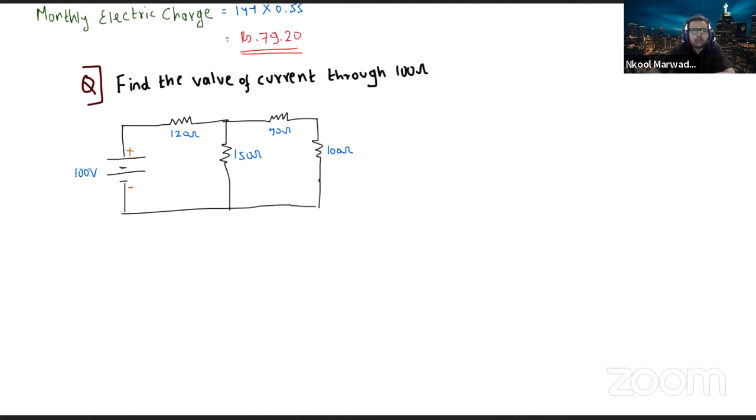Now definitely, if I break it into currents, from the battery I am getting one current, I1. Now that I1, at this junction, at this node, will distribute into I2 and I3.